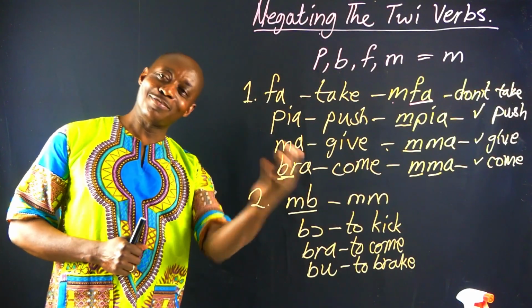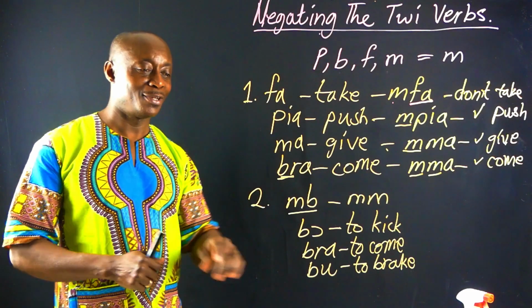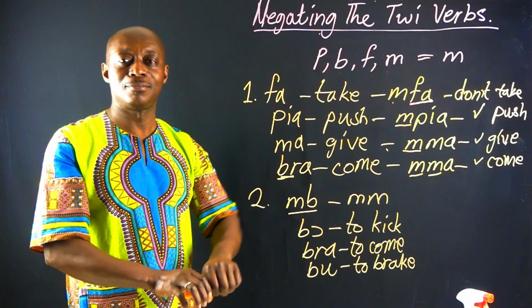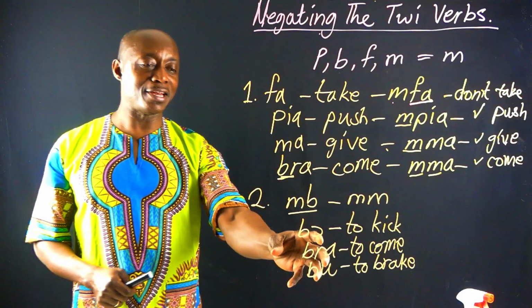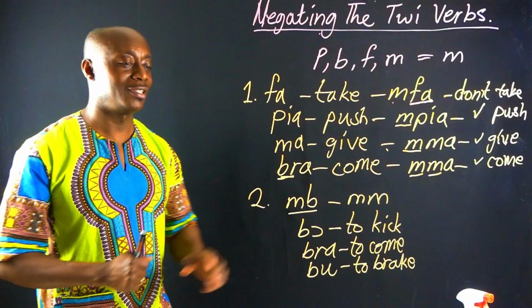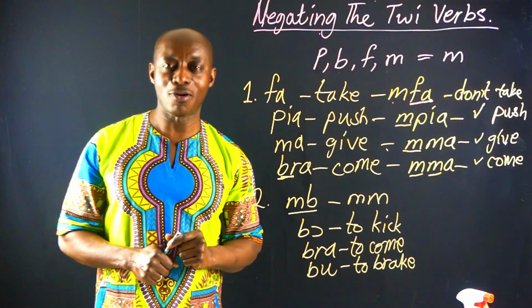Bra. Bra means what? Come. Boo. Boo. That is what? Break. Boo. Break it. Okay? These are the meanings. Like I said, we are killing two birds with one stone. We are learning some vocabularies at the same time, the grammar of Twi.